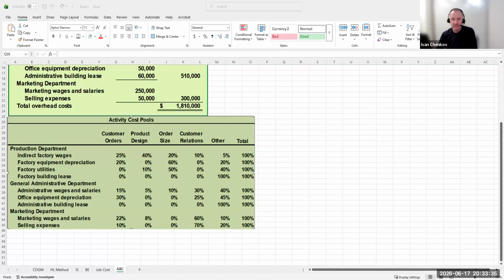Mostly application of the activity-based costing, which will be very similar to, let me find something that I can show you, which will be very similar to the slides again. I'm going to use the slides here.